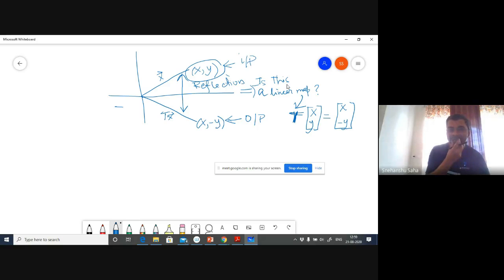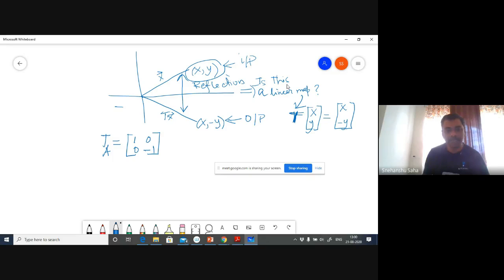Now how do we do that? Obviously, you would say I should be able to multiply this column vector on the left with a matrix, and I should be able to get this. Pretty simple, right? So let me define the matrix induced by the linear transformation, by simple visual inspection.